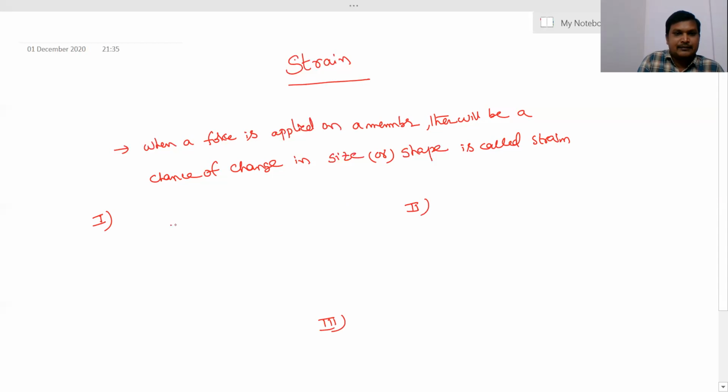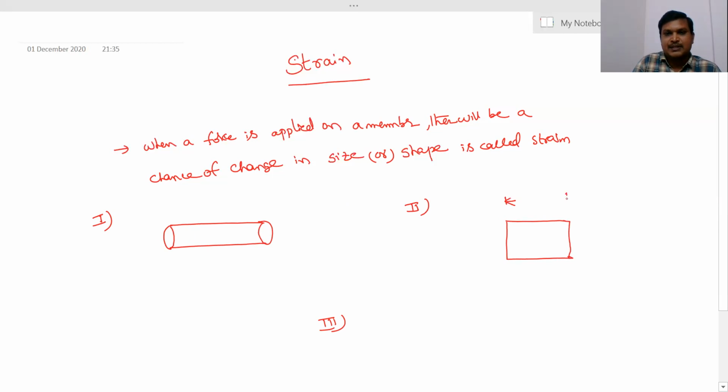So I'm taking a member like this, a bar, like a cube. Initially it has some length L. Okay, I'm taking this as 5 centimeters.